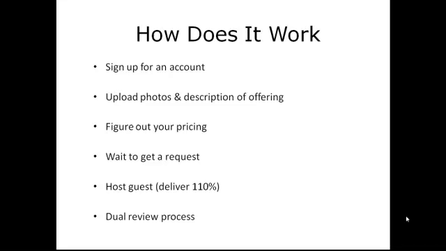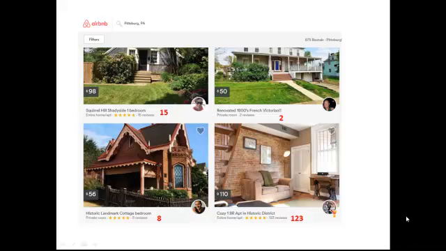That's how, instead of credit checks, people check out reviews of peers, of people that are in the Airbnb community. Here is an example of what we're talking about with reviews. This is in Pittsburgh, Pennsylvania. We see we got 4 offerings here. One person has 15 reviews. That means they've rented their place out at least 15 times.